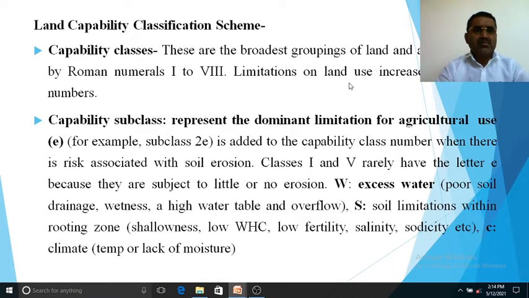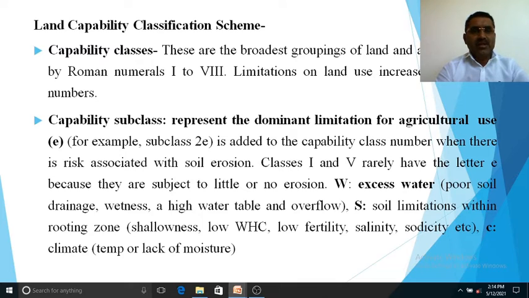So these are the major groups or major classes, and these broad groups are designated by Roman numbers from 1 to 8. As the number increases, there are more limitations to do agriculture, or limitations on the land use, as the number gets increased.